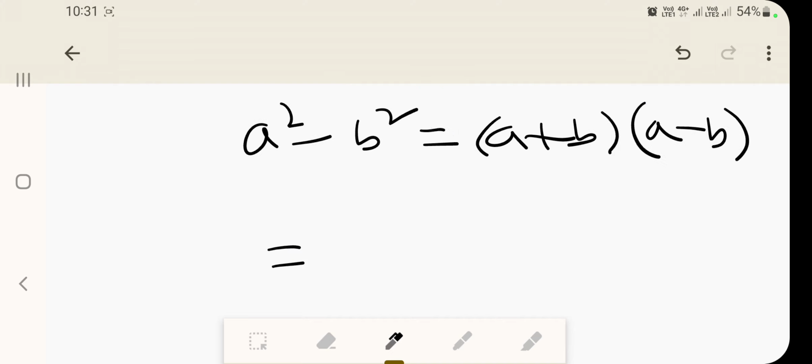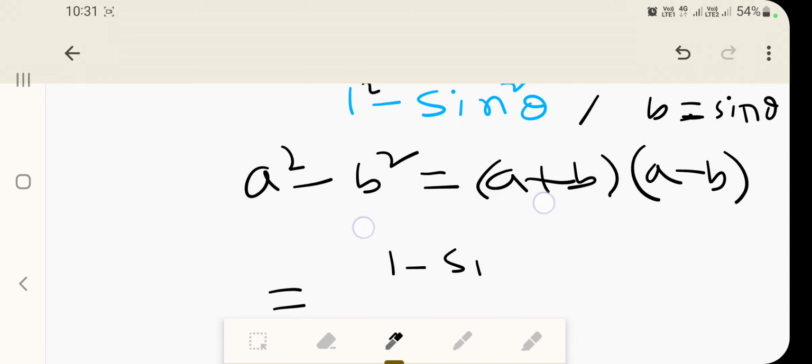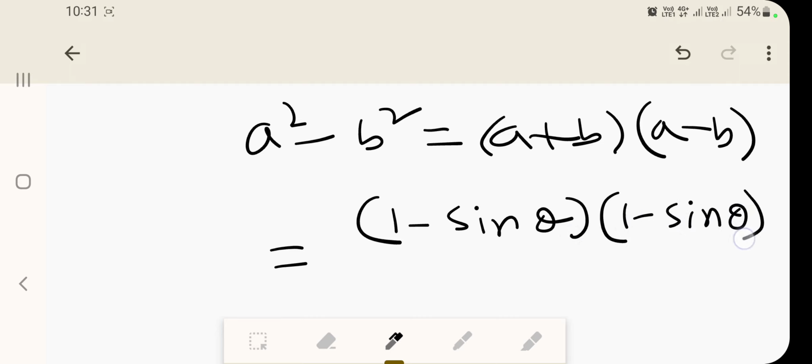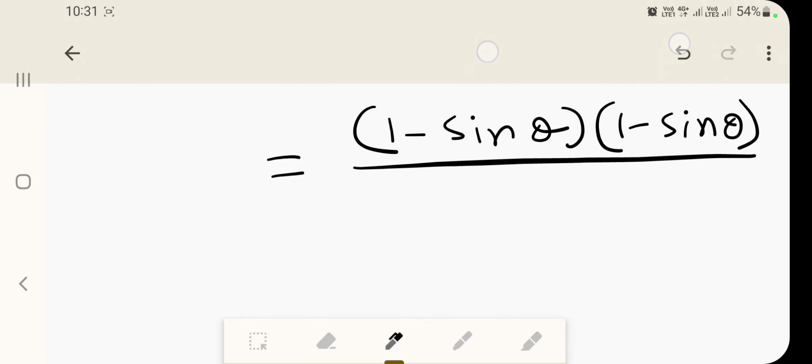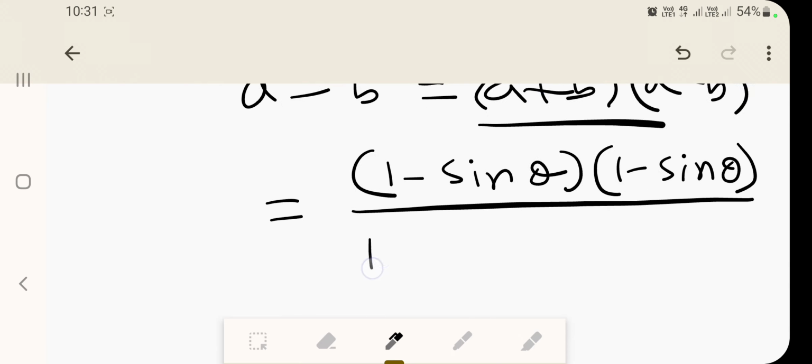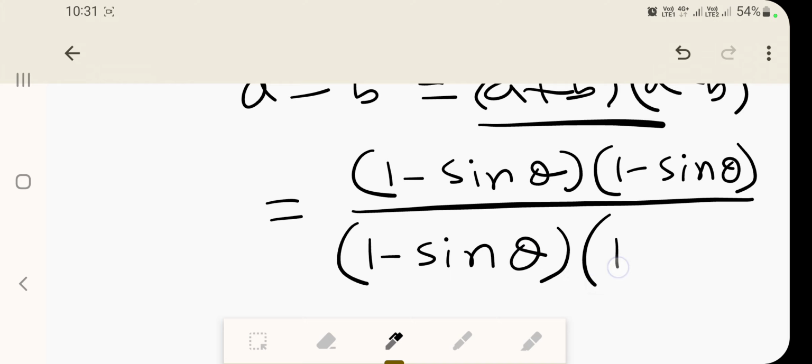So in the numerator, (1 minus sin theta) whole square can be written as (1 minus sin theta) into (1 minus sin theta). In the denominator we have a square minus b square, that is (a plus b) into (a minus b), that is (1 minus sin theta) and (1 plus sin theta).